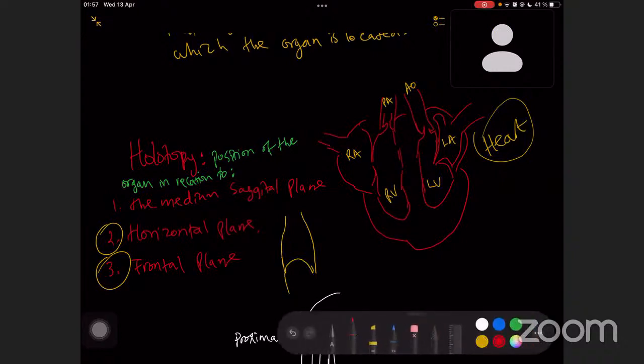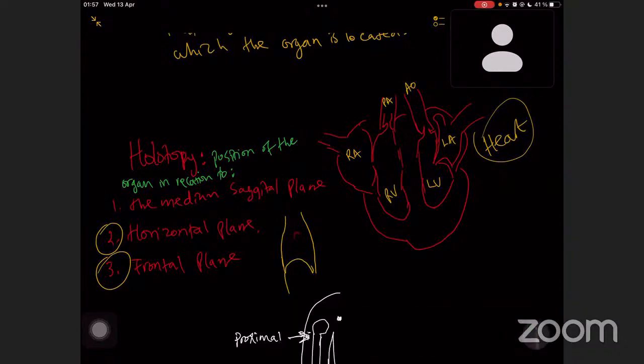You have your great vessel here, right? Is it anteriorly located or is it posteriorly located? So that is the relationship along the frontal plane. Of course, the aorta is posteriorly located along the frontal plane.